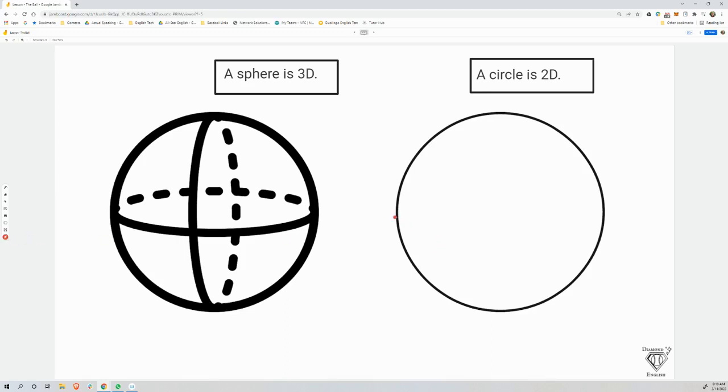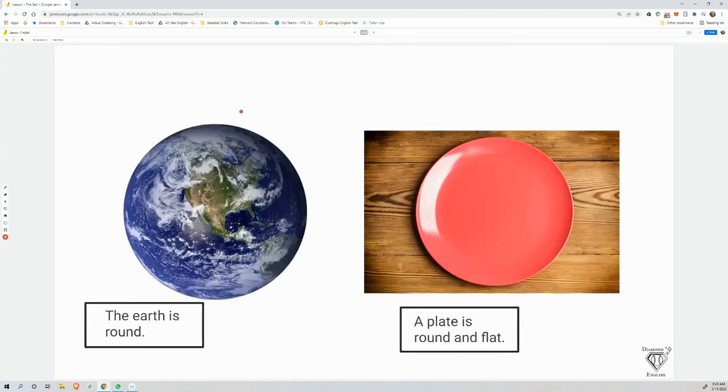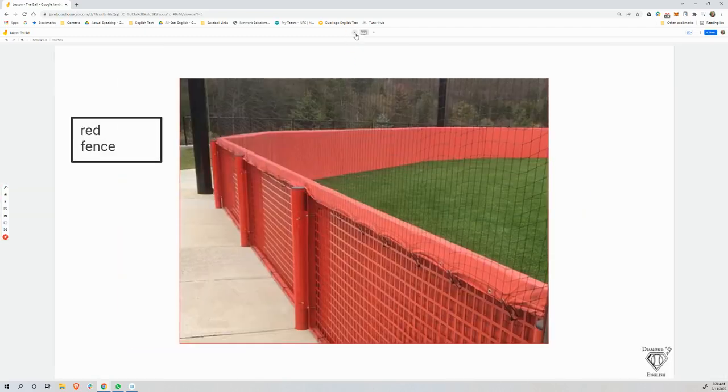So we have just 1 dimension and 2 dimensions. Okay, not 3 dimensions. So a baseball is a sphere and the earth is a sphere. A plate is like a circle, not a sphere.